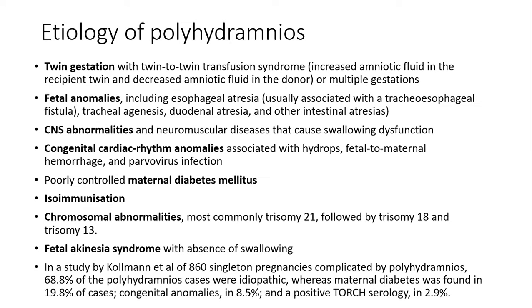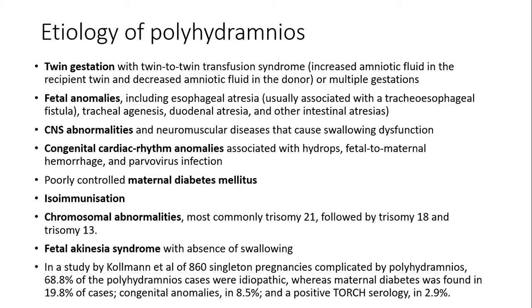What is the etiology of polyhydramnios is depicted on this slide. And I mentioned before that twin gestation is one of the causes of this condition, especially with monochorionic twins, and twin-to-twin transfusion syndrome can be found in this case.